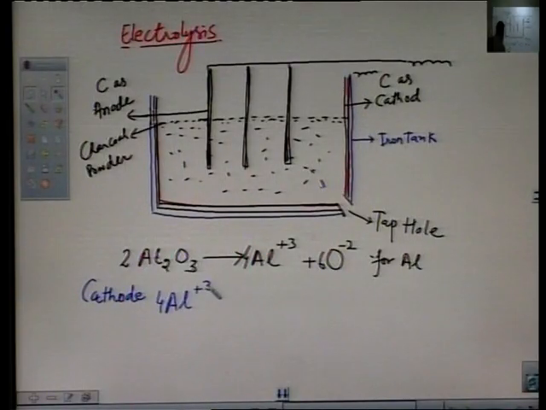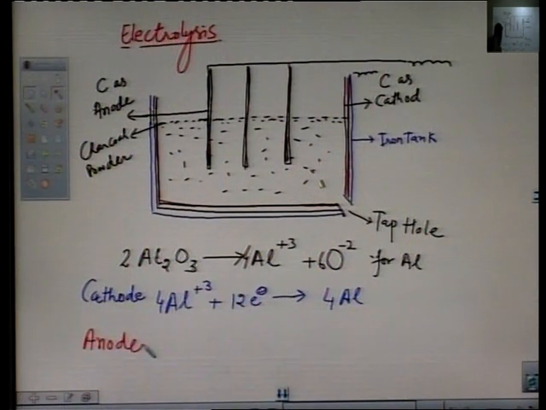So 4 aluminum here are shown, aluminum takes 12 electrons and forms aluminum. At anode, oxygen gives electrons.